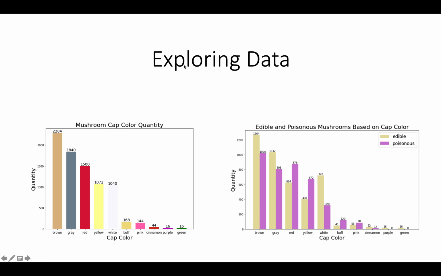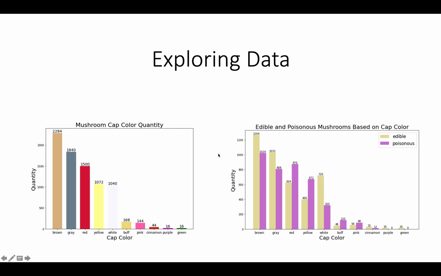In this chart, we have a look at how the cap color variable is distributed in our data set. We could see in the first figure that brown, gray, red, yellow and white are the most common cap colors for mushrooms.